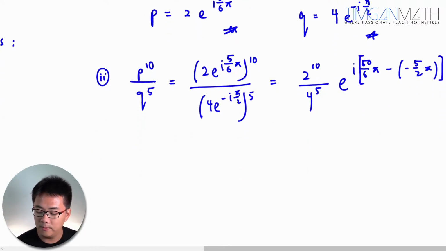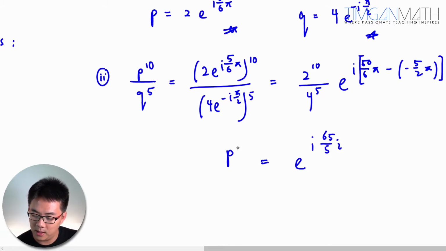So this part here, just key into the calculator slowly. This whole thing here will just give you 1. So this is alright. This is 1. And basically what is left is e^(i 65/6 pi). Okay, so this is P^10 over Q^5. This is it.